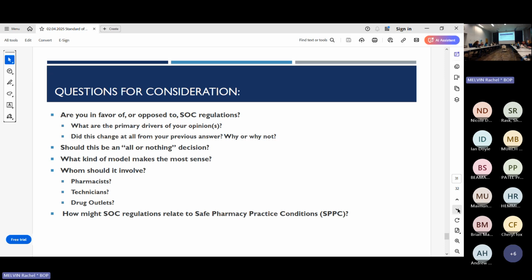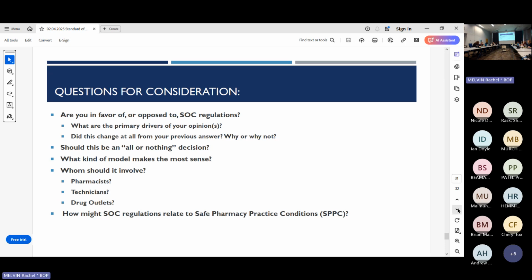Okay, so I'll leave you with some questions for your consideration, and you may have developed your own. Are you in favor of or opposed to standard of care regulation? And if so, what are the primary drivers of your opinions? Did this change at all from your previous answer if I were to have asked you at the beginning of the presentation, why or why not?